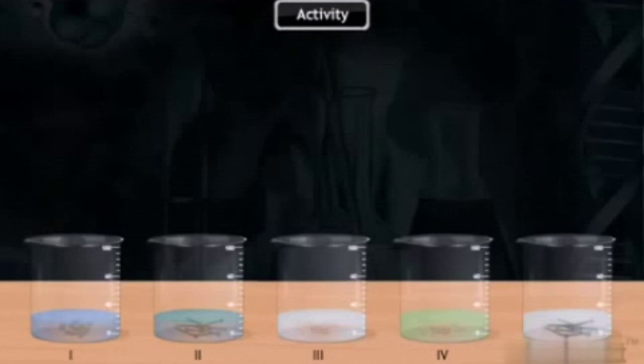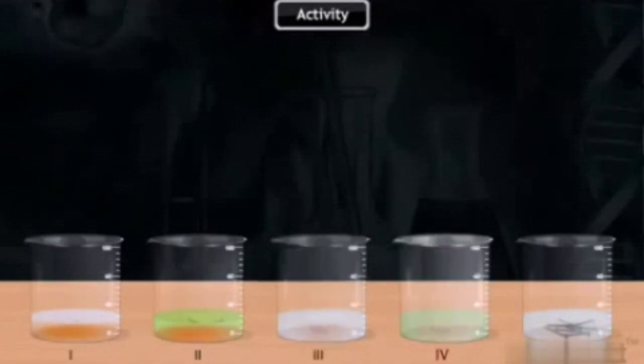You will observe that the color of copper sulfate solution changes in beakers 1 and 2, and on the other hand, no change is observed in beaker 3, 4 and 5.